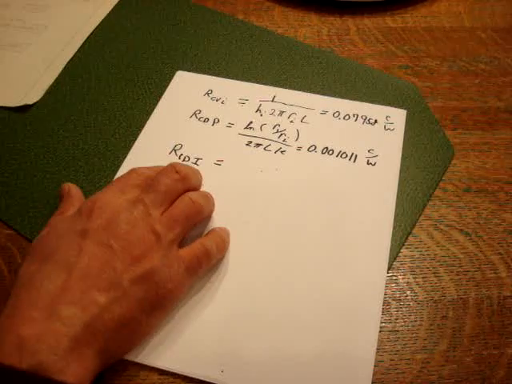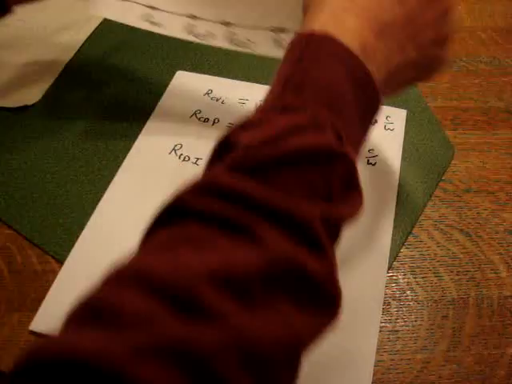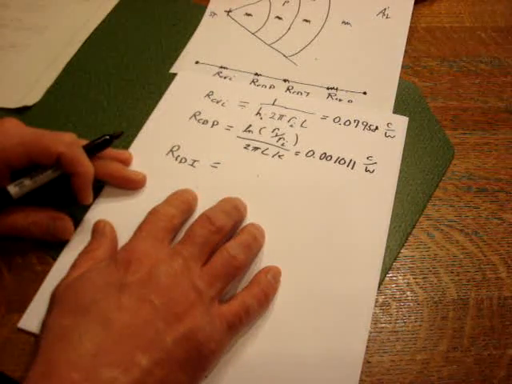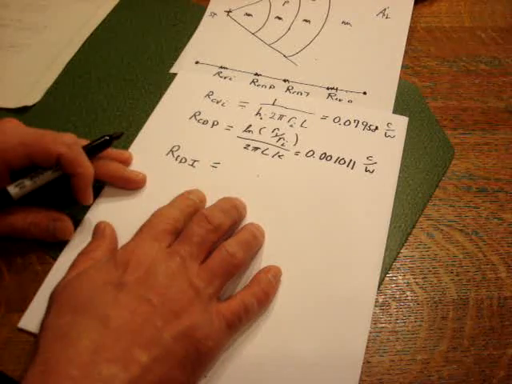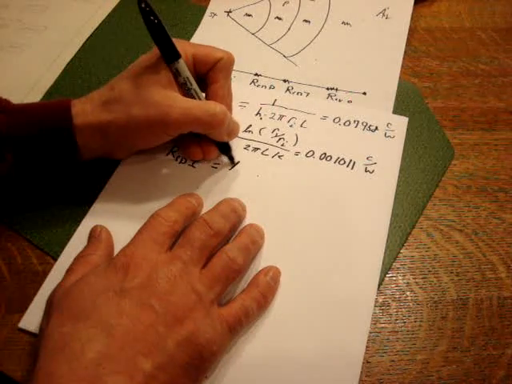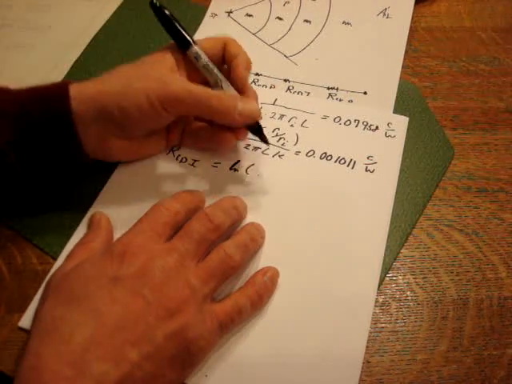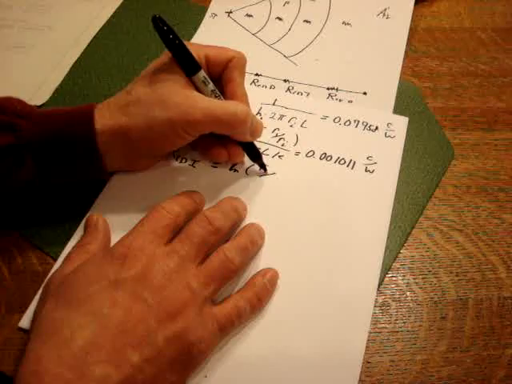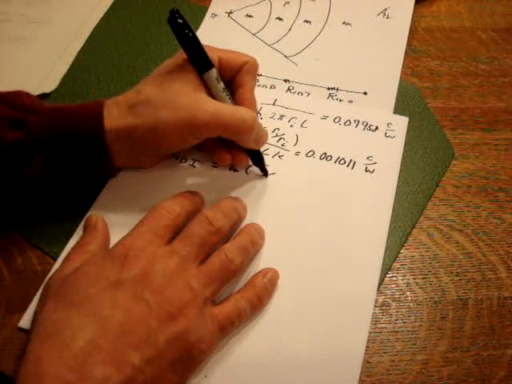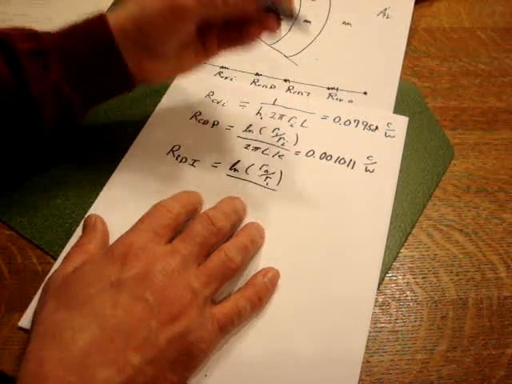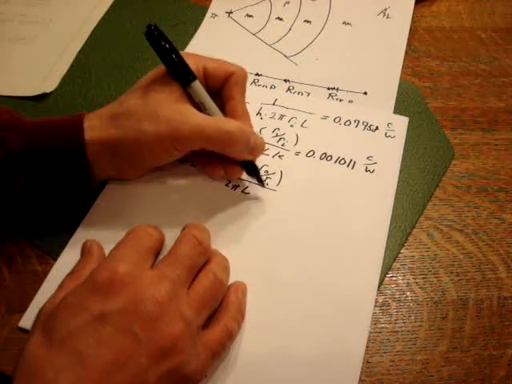Then we have R conduction on the insulation to worry about, and that would be here again, natural log of R on the outside divided by R1, divided by 2 pi LK.